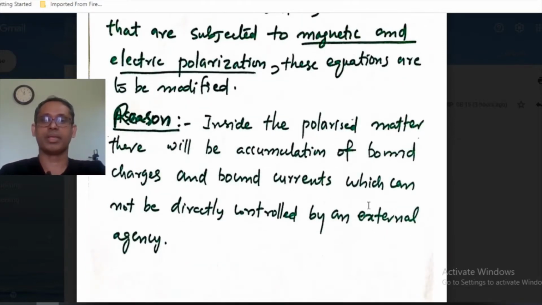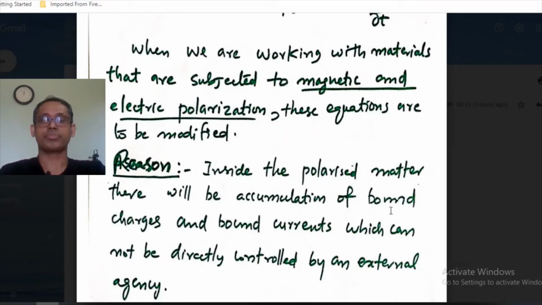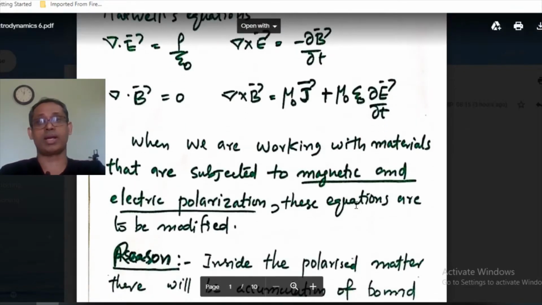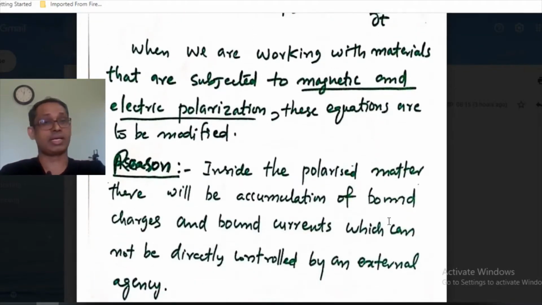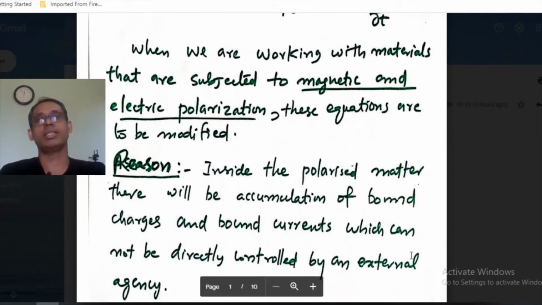The reason is that inside this polarized matter, magnetically or electrically, there will be accumulation of bound charges and bound currents. Due to the electric polarization, there will be bound charges; to differentiate them from the free charges, we call them bound charges.